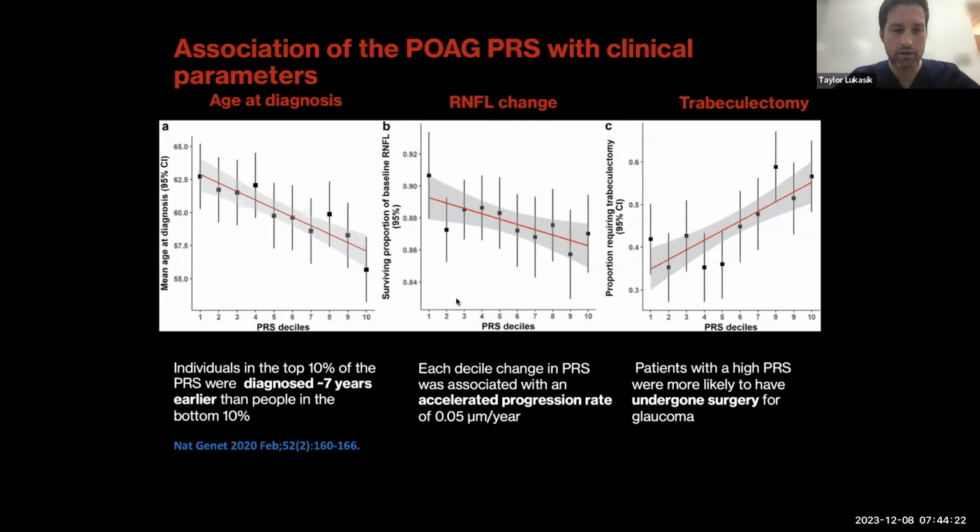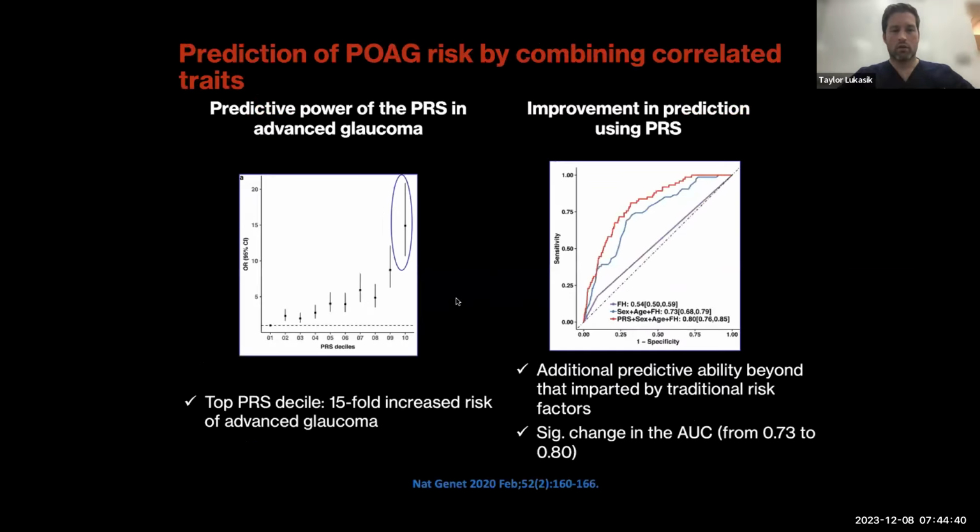There's also a strong association with RNFL change. For each decile change in the PRS, there was an associated accelerated progression of 5 microns a year. Patients with a high PRS were also more likely to have incisional glaucoma surgery. There was also some predictive value of the PRS.